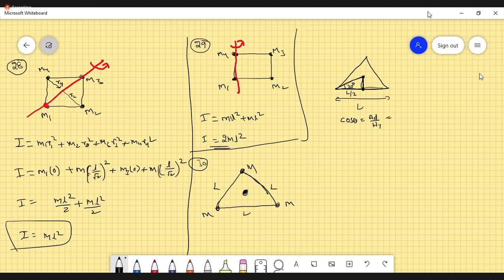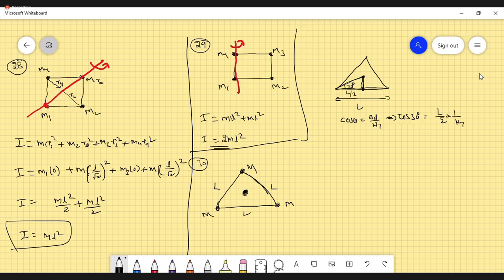Therefore cos 30 equals adjacent by hypotenuse. Adjacent is L by 2, so L by 2 divided by hypotenuse.